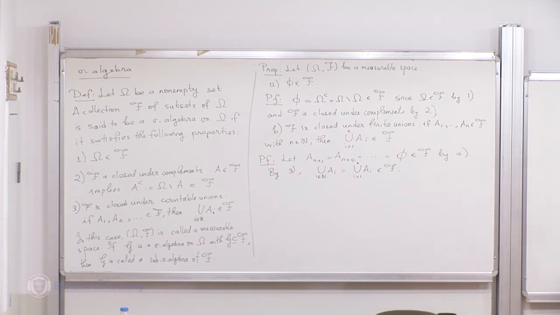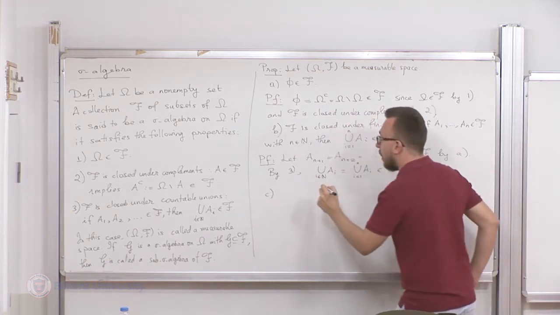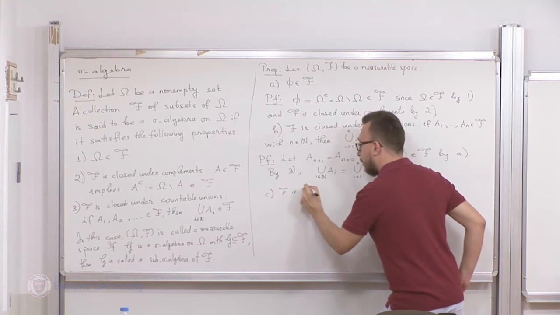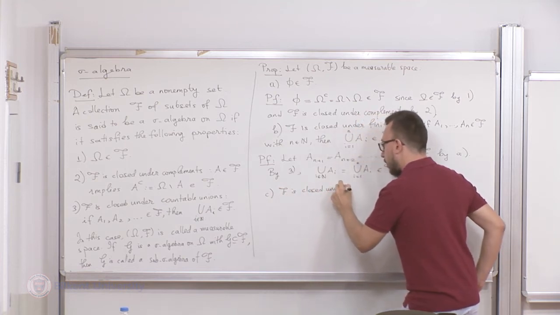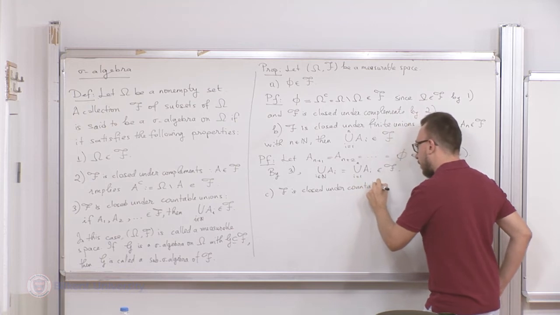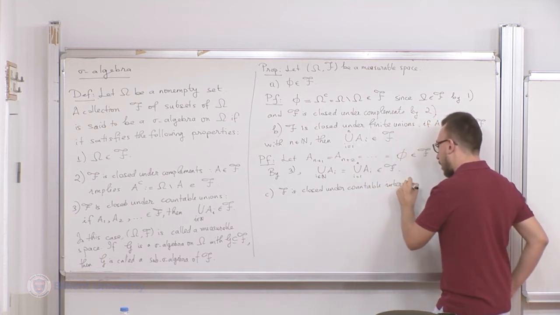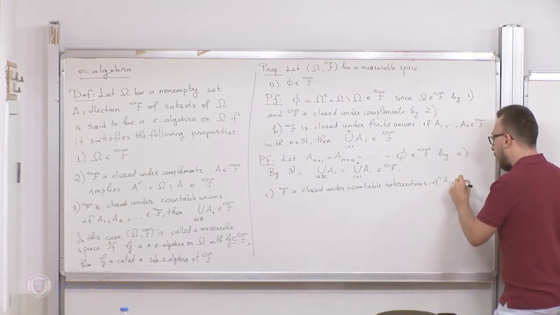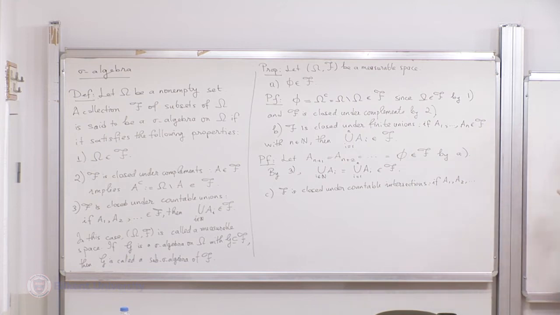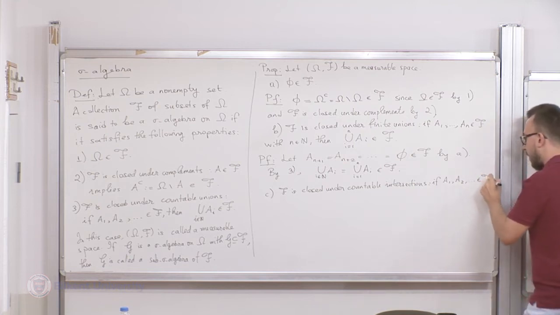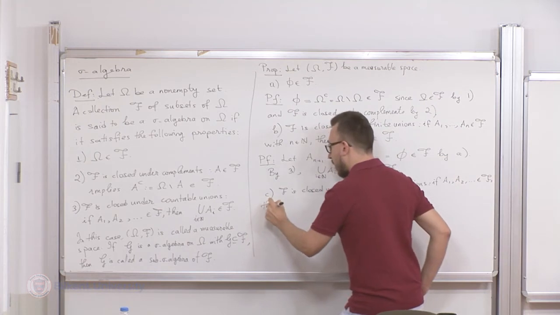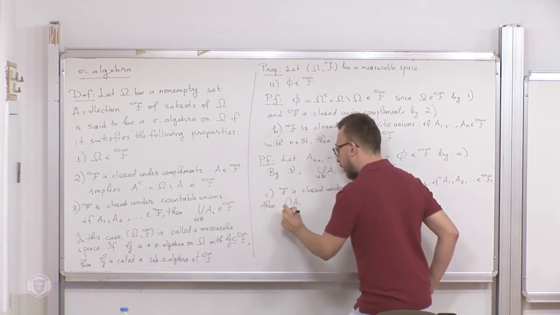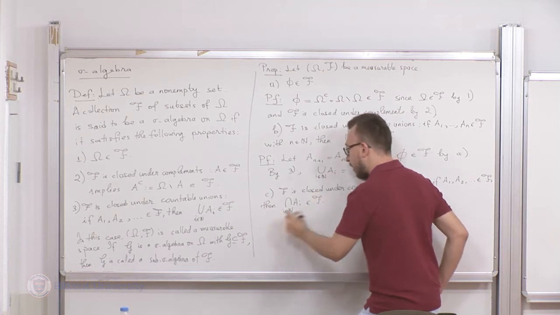Well, we haven't talked about intersections yet, so let's list a property about intersections. Maybe countably many intersections. So F is closed under countable intersections, meaning that if I have A1, A2, and so on, I don't stop, in F, then their intersection is in the sigma algebra.